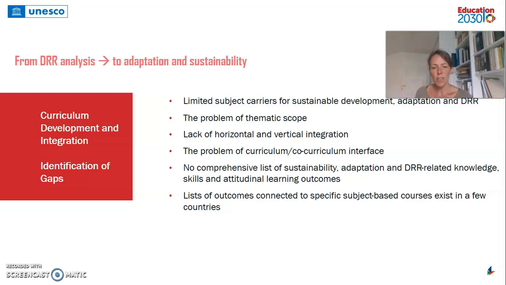There is a lack of horizontal integration and vertical integration in the curriculum, meaning across subject areas and across the different age groups, the different grades. That is often not done very systematically. The way core and co-curricula are being connected is lacking a system as well.